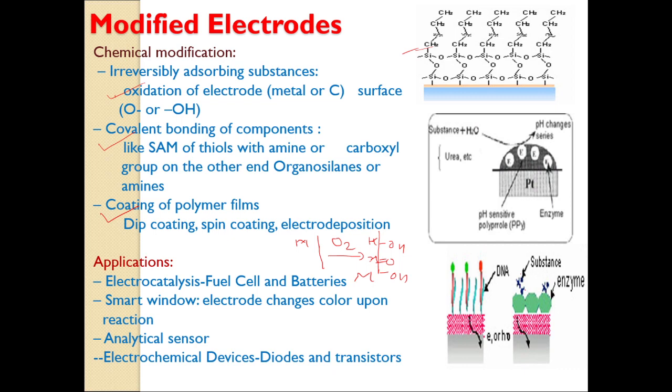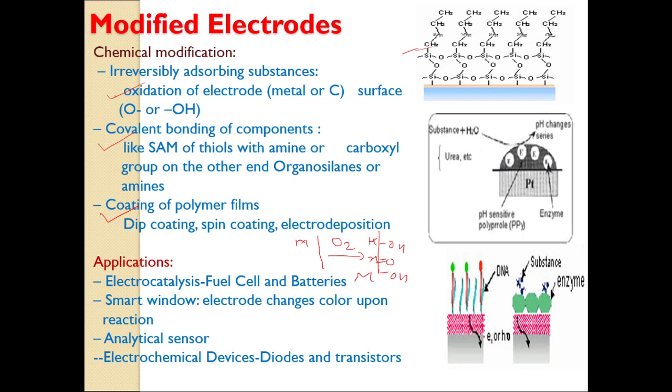Now what are the applications apart from the voltammetric use of the electrode? This development or modification of surface has many applications. Modified electrodes are not limited to voltammetry, but have wide application in different fields. The first important application is electrocatalysis.